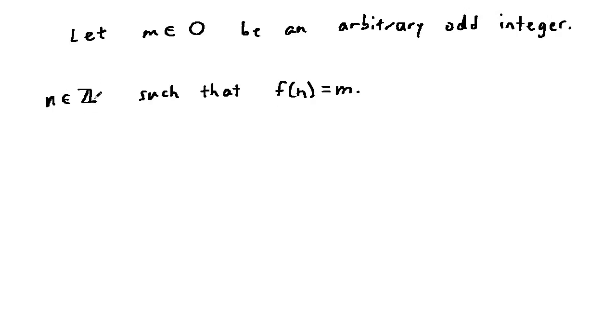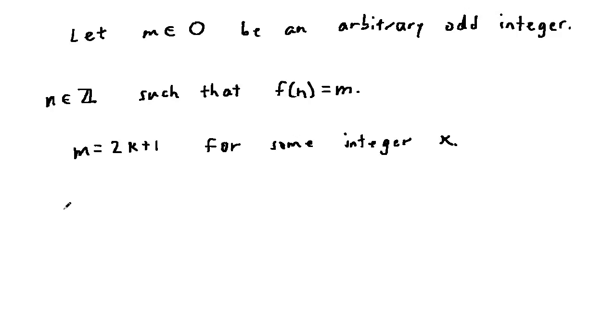Okay, this is what we need. Now, since m is odd, m = 2k + 1 for some integer k. So it suffices to show that there is an integer n in Z such that f(n) = 2k + 1.